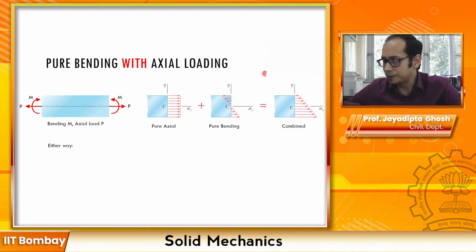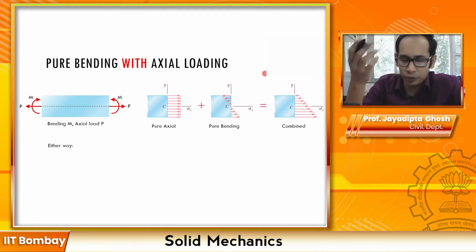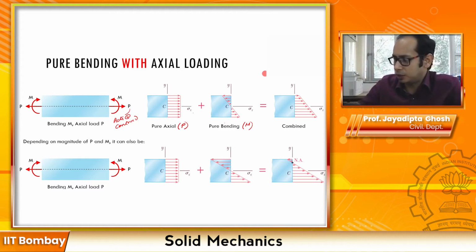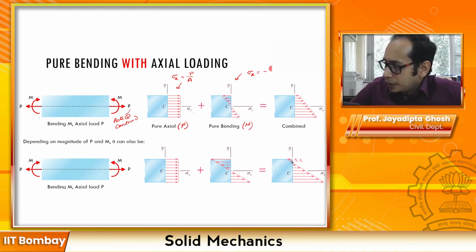Now for this particular case, what we just saw, if we have to write our sigma, if we just go back to the previous slide, remember that what we are used to writing is that our sigma x is essentially P divided by A for this one, and for this one we had seen that our sigma x is equal to minus My by I. Again, don't be too bogged down with the signs and everything.